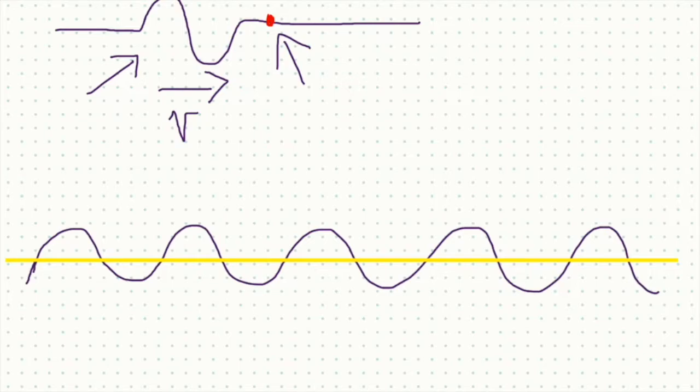Now, if this happens continually, as in the bottom picture down there, we call that a continuous wave. And basically, the yellow line there. So let's pretend this is a water wave, right? So the yellow line would represent the level of the ocean water, say, when it's very calm out.